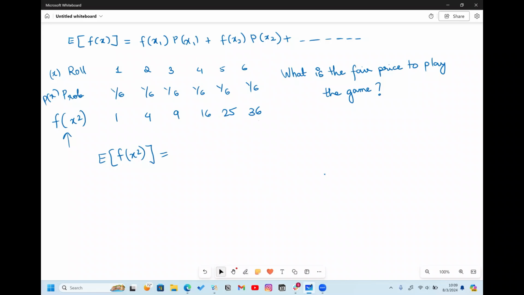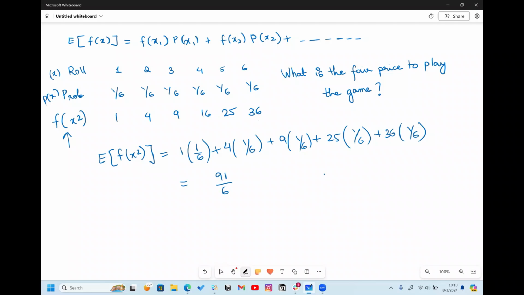It is the function times the probability: 1 times 1 by 6 plus 4 times 1 by 6 plus 9 times 1 by 6 plus 25 times 1 by 6 plus 36 times 1 by 6. This is how we calculate it. And it will give you 91 by 6, which is somewhere between 9 and 16.